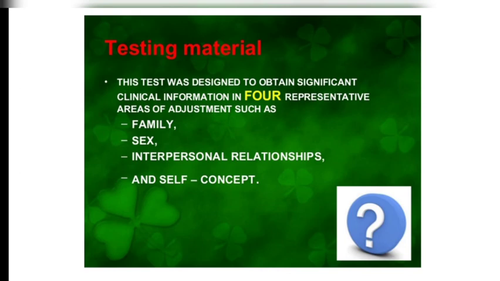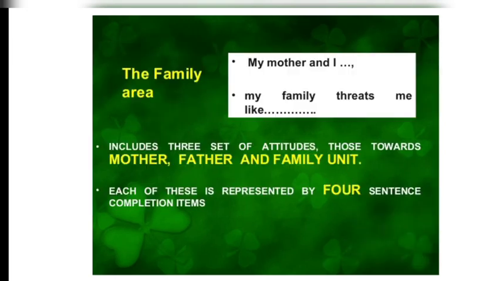The testing material: this test was designed to obtain significant clinical information in four representative areas of adjustment, such as family, sex, interpersonal relations, and self-concept. So SCT actually measures these four areas. These are examples of SCT, which are given in your textbook as well.